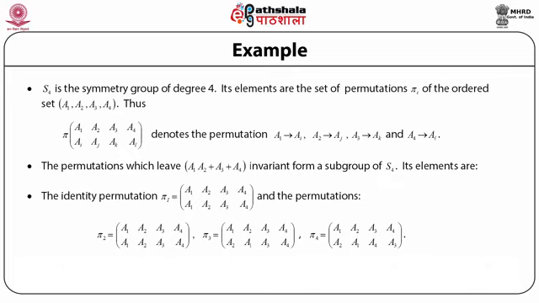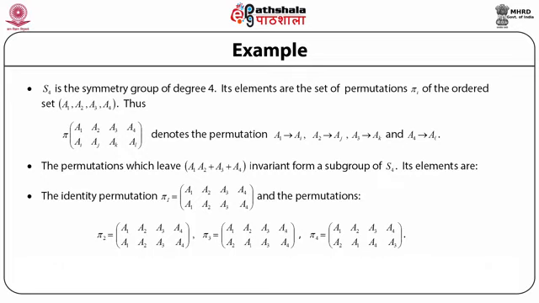Therefore, once again, the expression remains unchanged. There is another permutation wherein A1 changes to A2 and A2 changes to A1, where A3 and A4 remain unchanged. And finally, the fourth permutation, wherein A1 goes to A2, A2 goes to A1, A3 goes to A4, and A4 goes to A3.